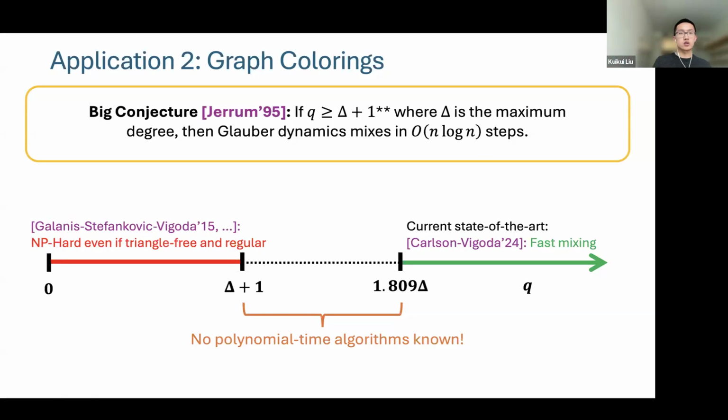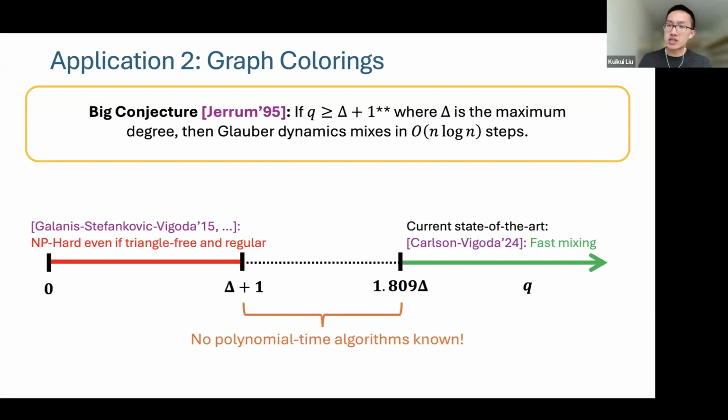And Jerrum's conjecture furnishes the other side of this transition. It says that as long as you're above delta plus 1, you have linear time algorithms. So this really is a very sharp computational phase transition, where you go from super-polynomial time algorithms and NP-hardness all of a sudden down to linear time algorithms.